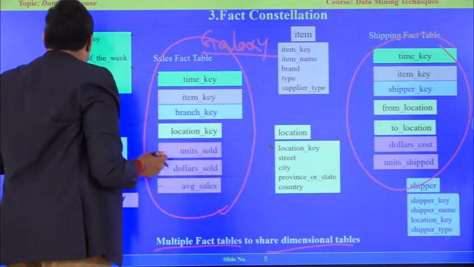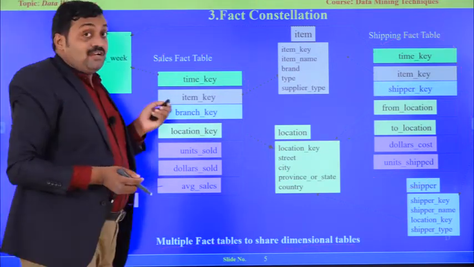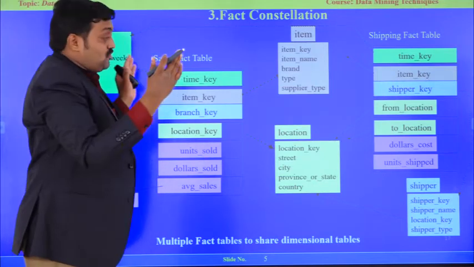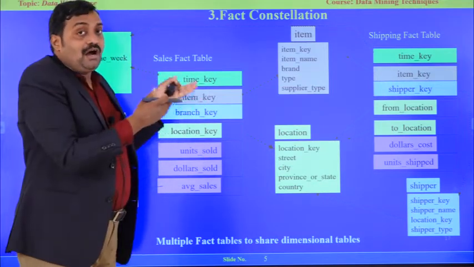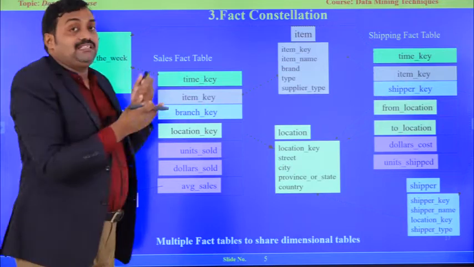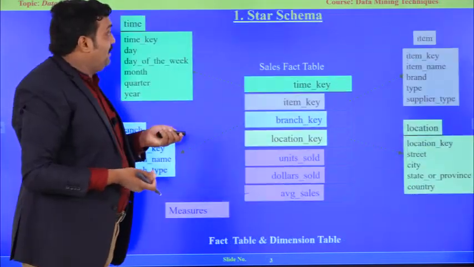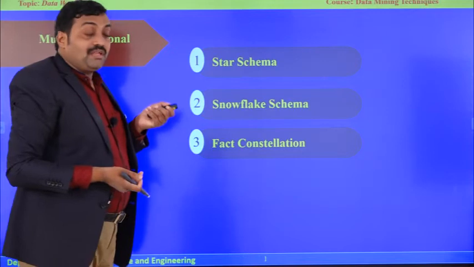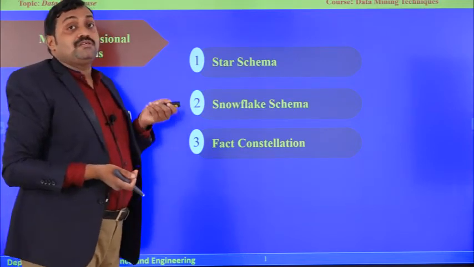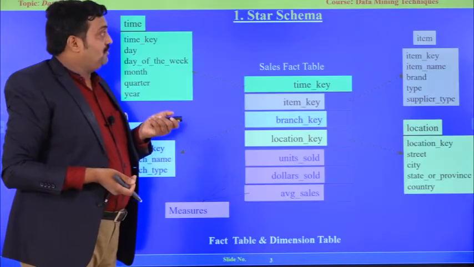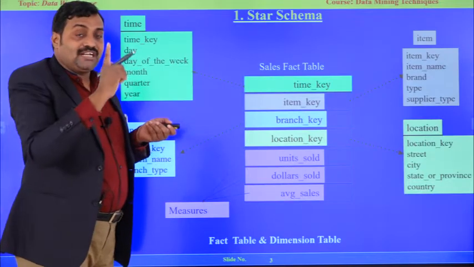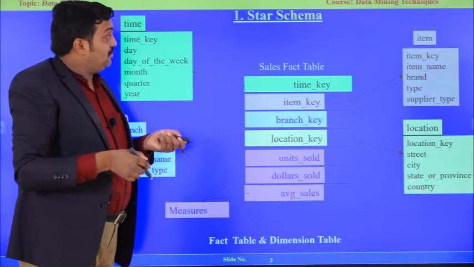So from that, we are going to access the information. So star schema, snowflake schema, and fact constellation or galaxy model, these three are the very important data warehouse schema designs. Star: single fact table, multiple dimension tables.